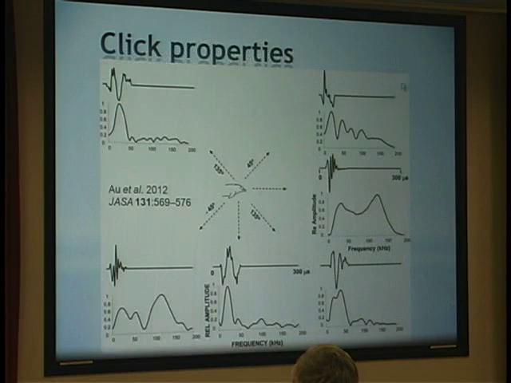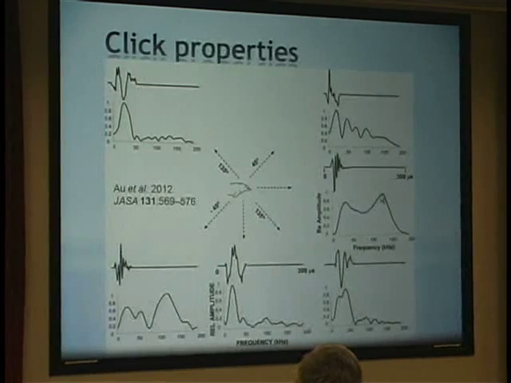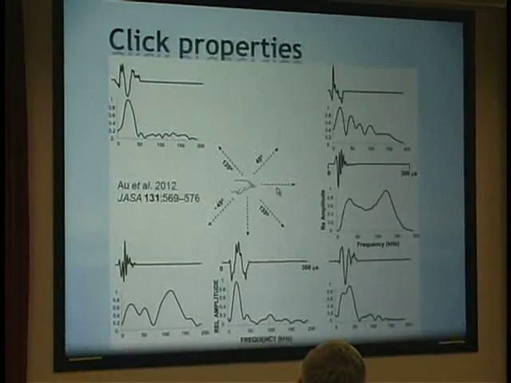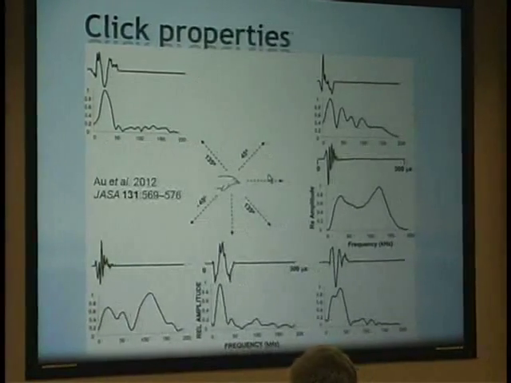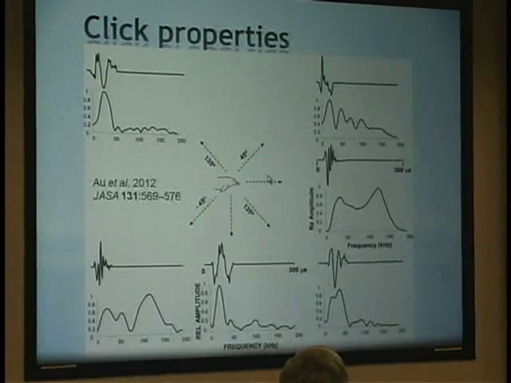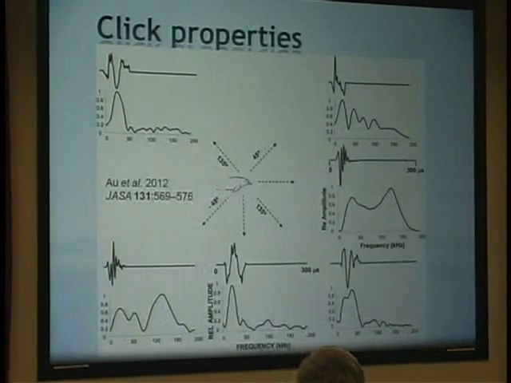Now, as they scan and sweep, those echolocation clicks change dramatically. This is a recent publication by Woodall and others, and he measured in the vertical and in the horizontal axis how an echolocation click changes.